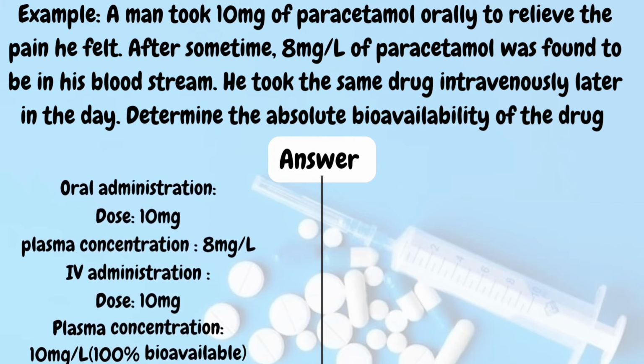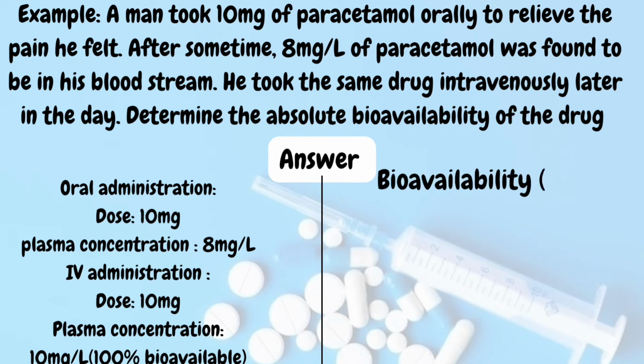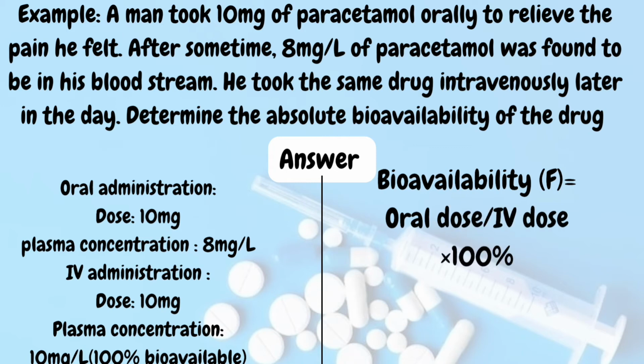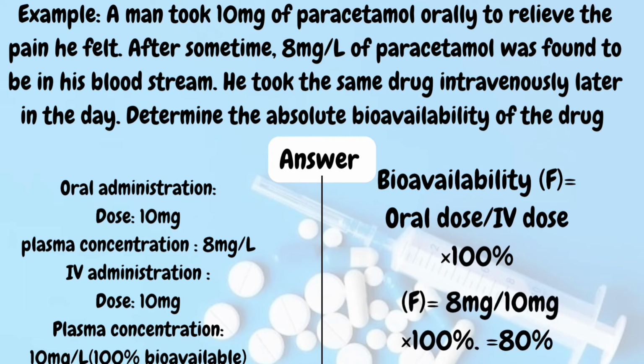Now, of course, for the oral administration, the dose is 100 mg. The plasma or blood concentration of the drug is 8 mg per liter. For the IV administration, the dose is 100 mg. Plasma concentration is 100 mg, which is 100% bioavailable, since the administration of the drug is directly to the bloodstream. You write out your bioavailability formula: oral dose over intravenous dose times 100, and F is equal to 8 mg over 100 mg times 100%, which is 80%.